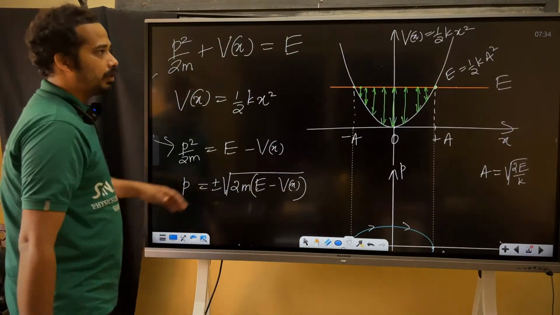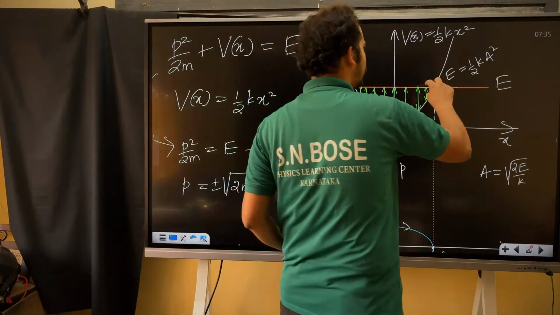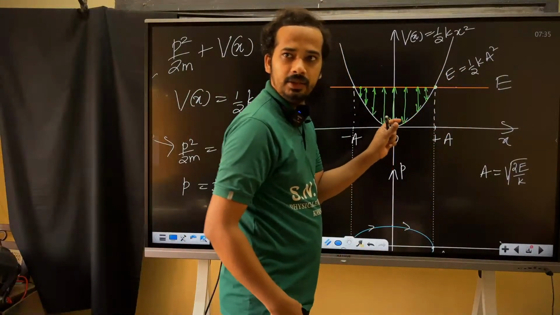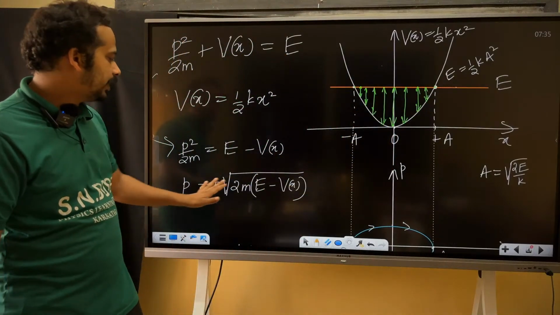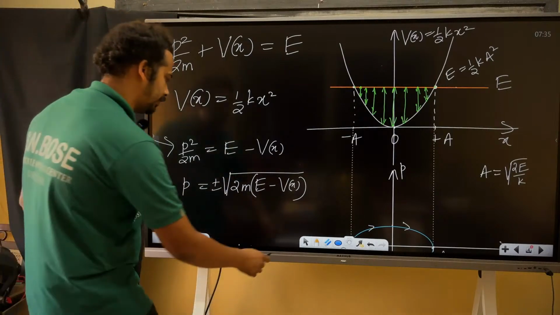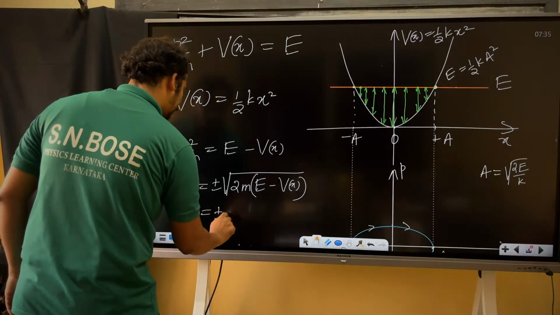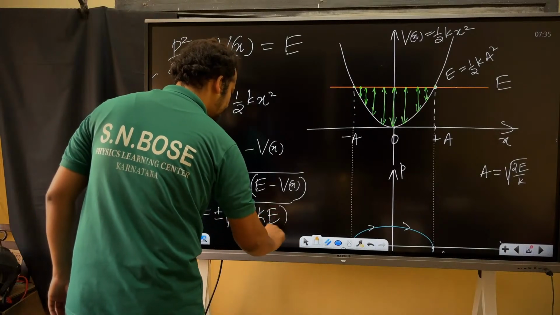Whenever we draw the potential and choose some energy, energy minus potential energy is the kinetic energy. Am I right? That kinetic energy under the root will decide the momentum, isn't it? This is nothing but plus or minus root of 2m into the kinetic energy, E minus V of x.